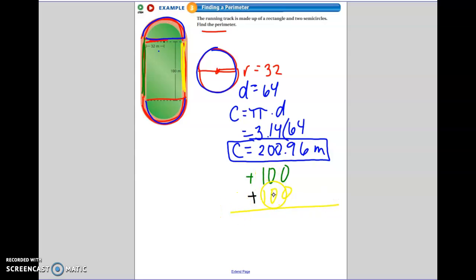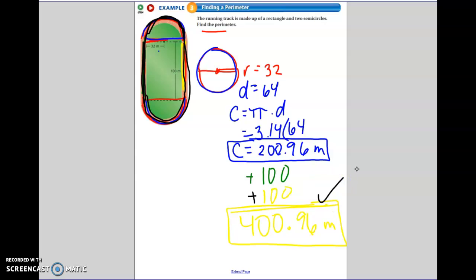So 100 and 100 is 200, plus another 200 is 400.96 meters, which is not a shocker because this distance around the track, they call that the 400, right? When you run the 400, you run one lap all the way around the track. And then 2 of them is the 800, and half of it is the 200. Well, what do you know? So there's that.